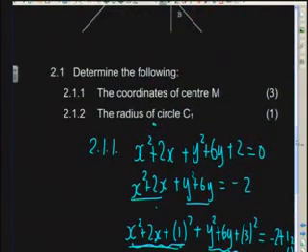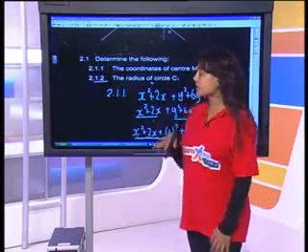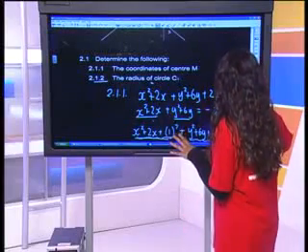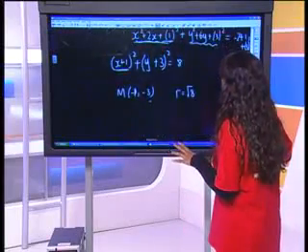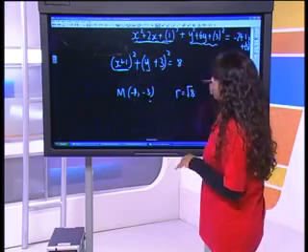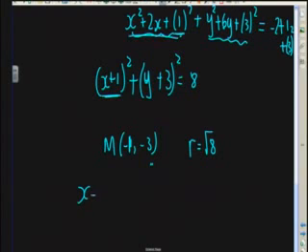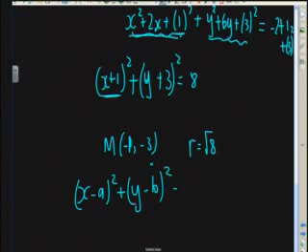We've actually answered now question 2.1.2, which says find the radius of circle C1. Well, by completing the square, remember you get it in the correct form. So this is the form that we use: (x - a)² + (y - b)² = r².